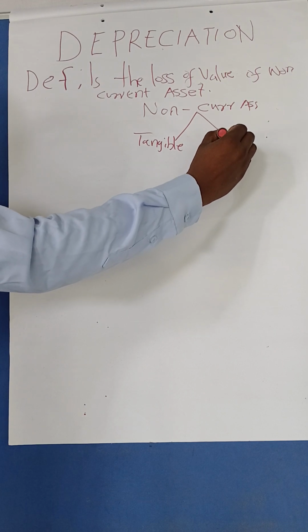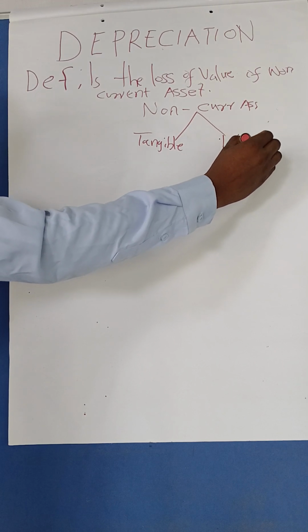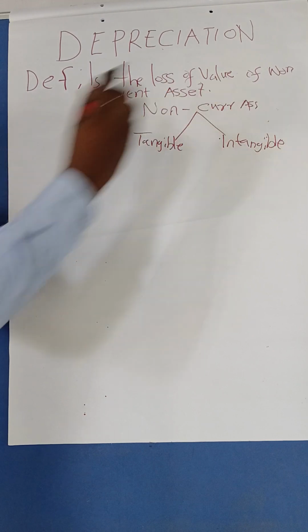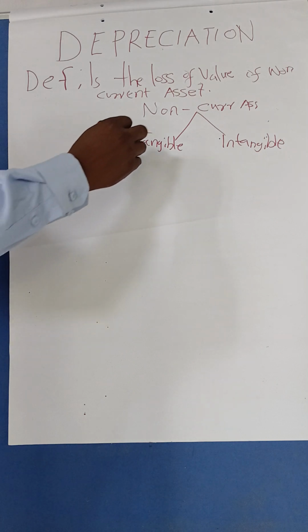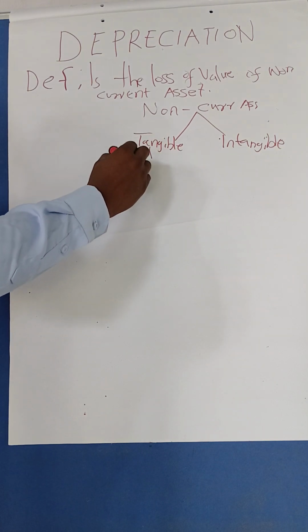Then we have the intangible. Now, when we are on depreciation, it is when the tangible assets lose value that we come in with the word depreciation.